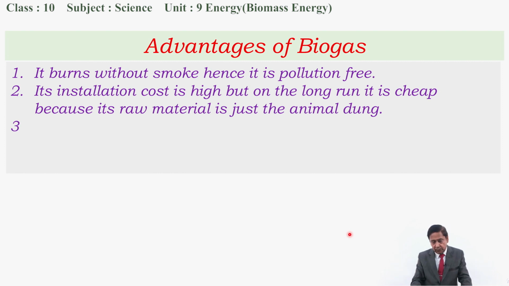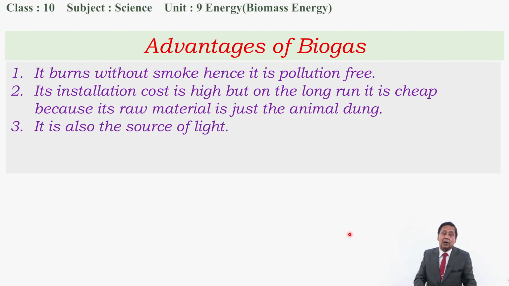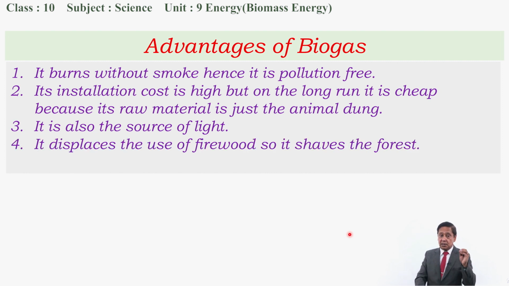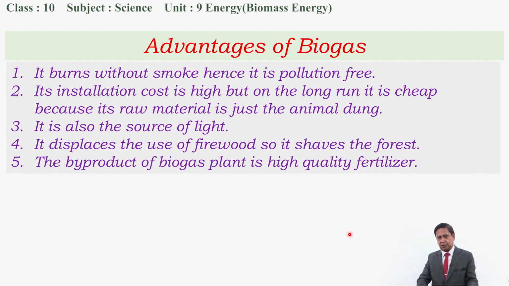Next, it is also a source of light. When it is burned, light is also produced. It displaces the use of firewood, so it saves the forest. And the byproduct of the biogas plant is high quality fertilizer. These are the advantages of biogas.